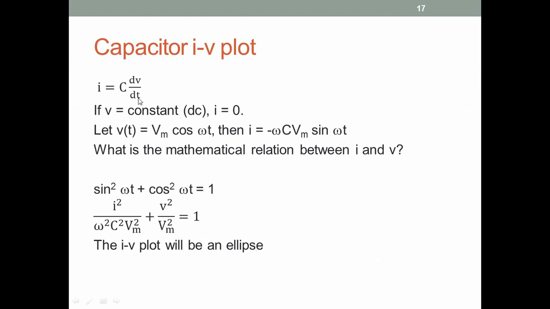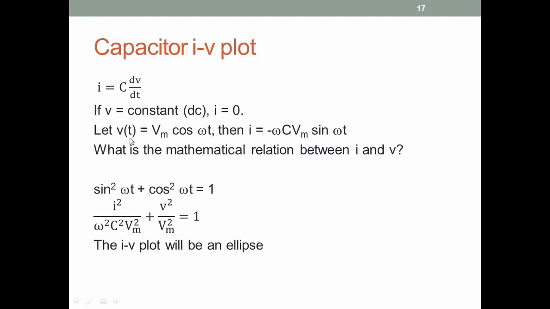If V is constant, so if the voltage across a capacitor is DC, then the current is 0. I think you know that. So this is a meaningless thing because a constant voltage gives us 0 current, and the current voltage plot will be simply I equal to 0. It will be just 1 point on the IV characteristic.